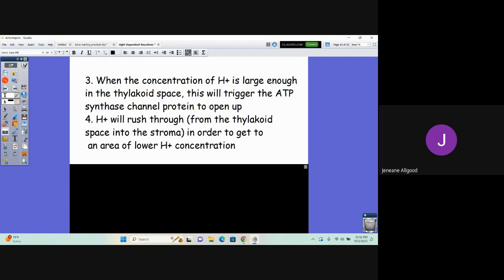And so once that ATP synthase channel opens, H pluses will rush through from the thylakoid space into the stroma because that's an area of lower H plus concentration.